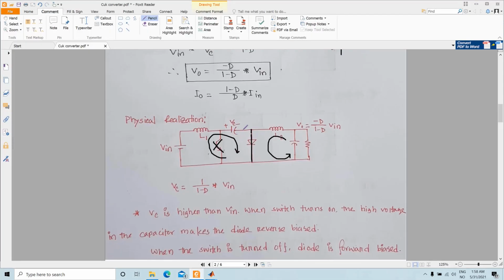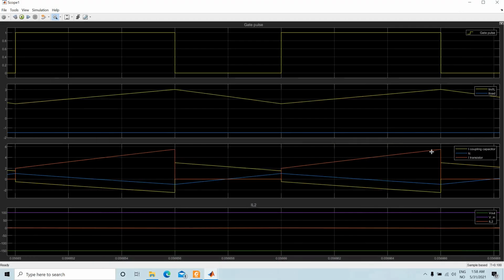Now in the case of the capacitor current, if you look here, for some time the capacitor current is flowing like this. That means for the time when this transistor is turned on, the capacitor is discharging, and for the other phase the capacitor is charging. So this is the coupling capacitor current. For certain time you have a positive coupling capacitor current, and for certain time it is negative, it is basically discharging.